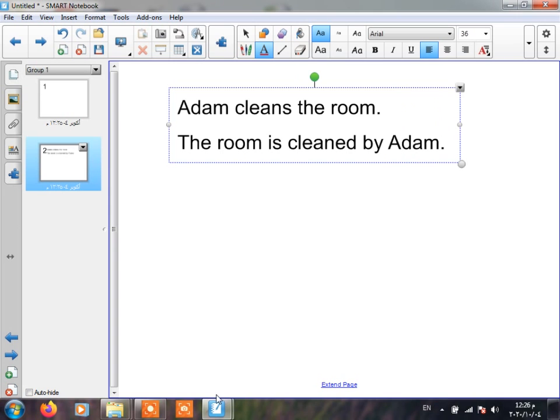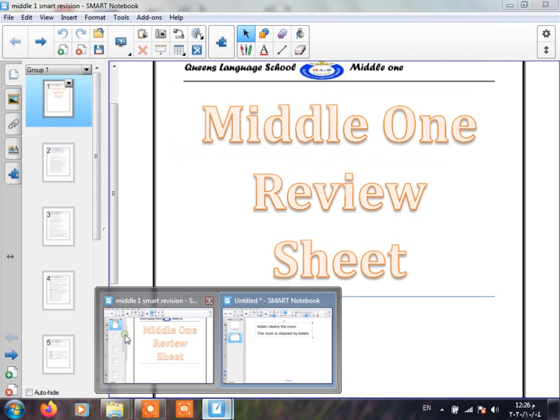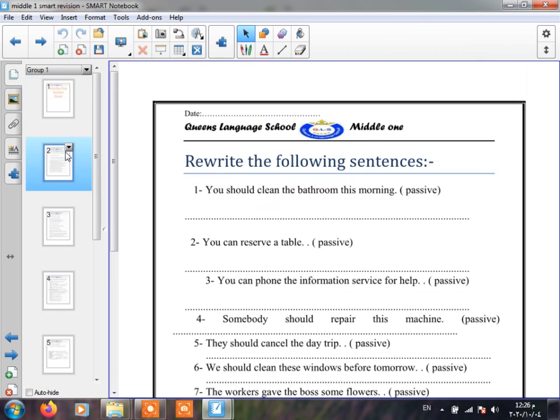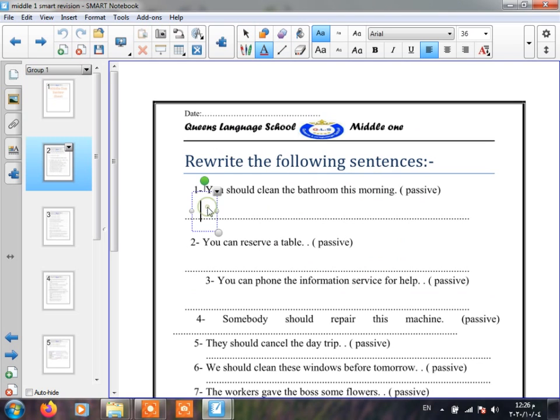Let's start answering together and start to remember our rule. The first sentence here: You should clean the bathroom this morning. Passive. What will I make here? You is the subject, should clean is the verb, and the bathroom is the object. So I have to start my sentence with the object.